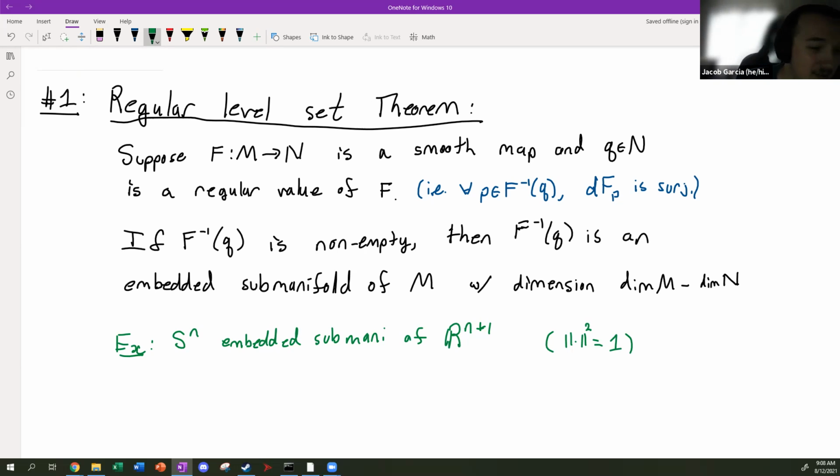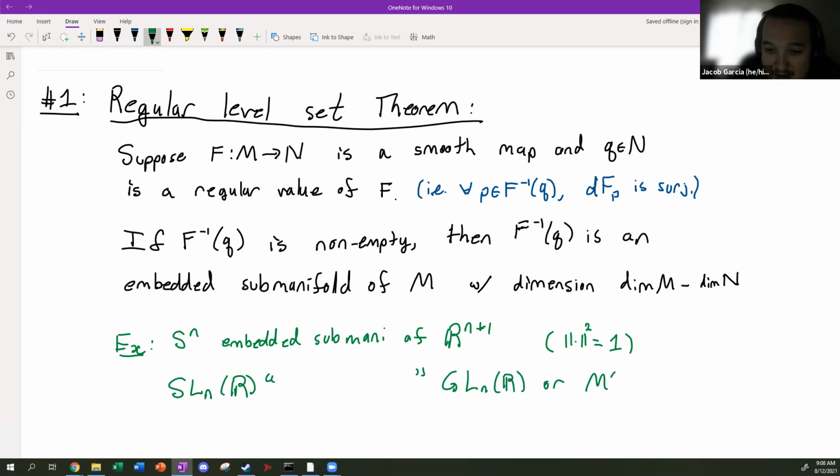But also you can prove that SL_n(R) is an embedded submanifold of either GL_n(R) or just the set of n by n matrices. And for this one, you use the preimage of the determinant map at 1. Both the square of the norm map and the determinant map are just polynomials in the coordinates.